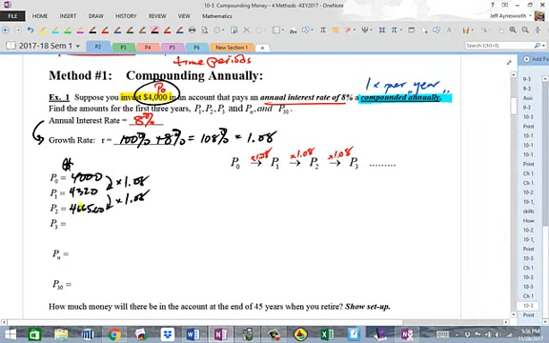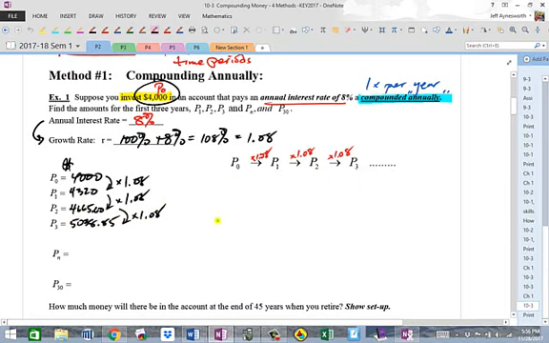So we have $5,038.85 if we take this and multiply it by the growth rate, which is 1.08 each time. And again, you just keep on multiplying to get to the next term in any geometric sequence. That's how these things are done.